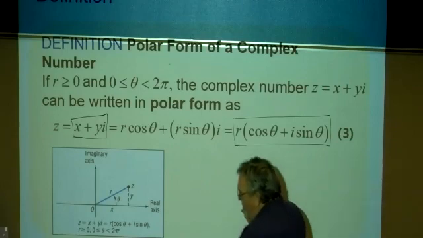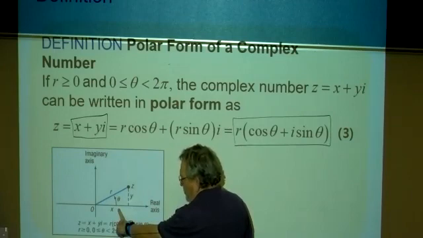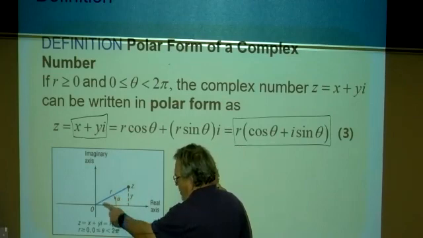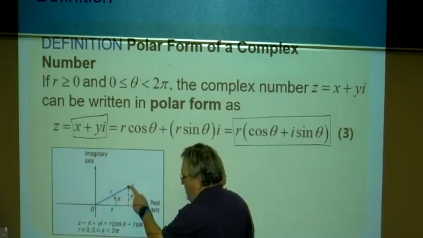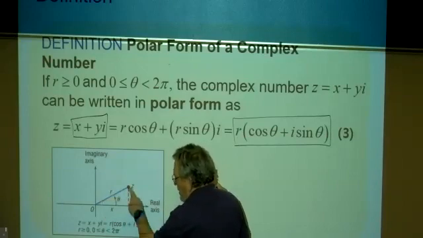This is a visual representation of what we're talking about. Because you have this angle here for this side, and you have the distance r to get to that.